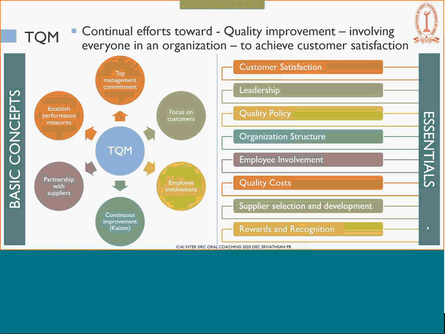Concepts, total quality management. Total quality is about the key steps that management must be involved in. It is not just from the production department or HR department. It is a vision of top management. They have to really want better quality, only then it will happen. And focus on customers.